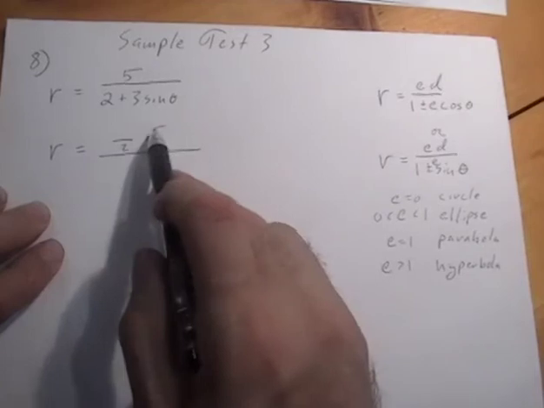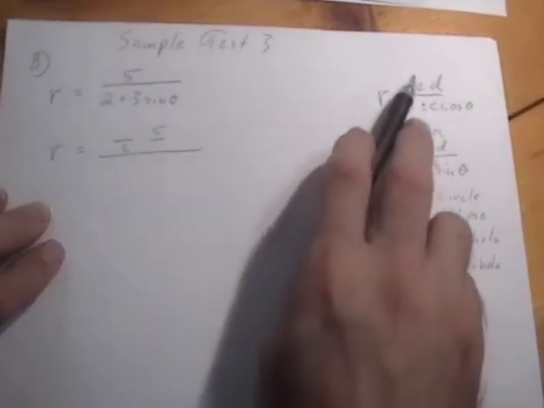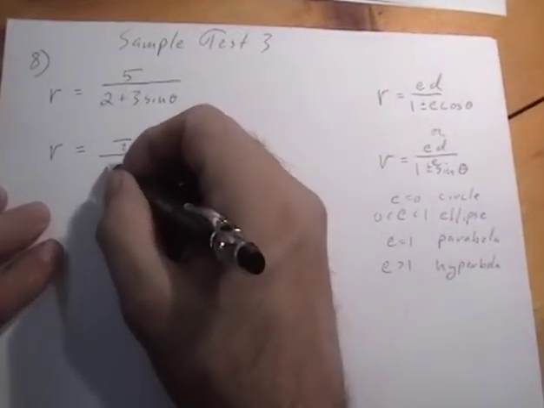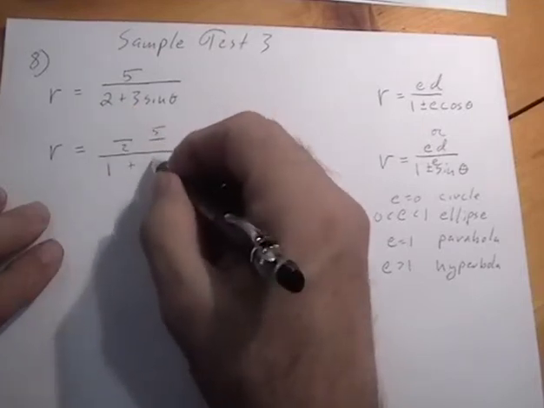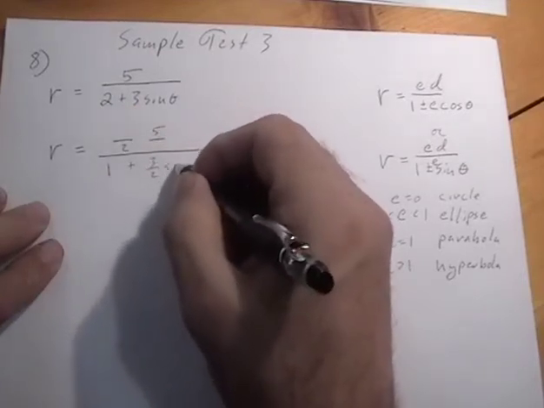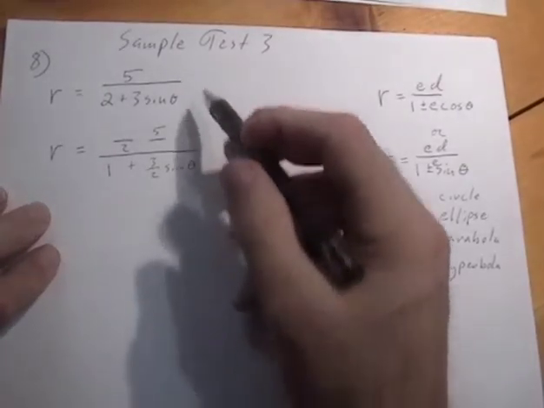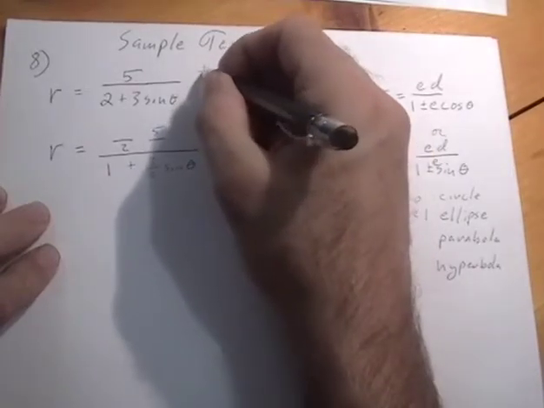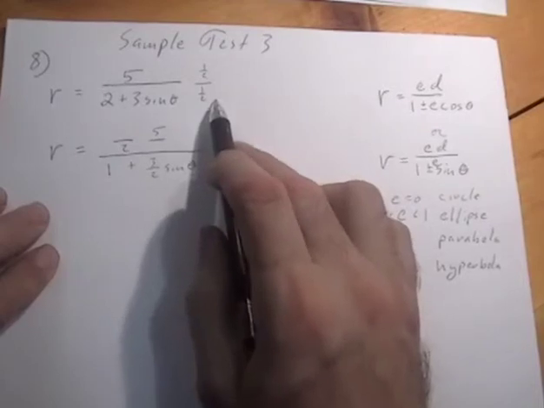Instead of writing just 5 halves, I'm already planning on splitting it up into one term that has an E and one term that has a D. I have 1, that's 2 over 2, plus 3 halves sine theta. So all I've done is I've divided top and bottom by 2, or if you prefer, I've multiplied top and bottom by 1/2.